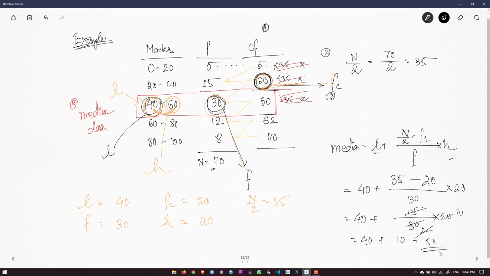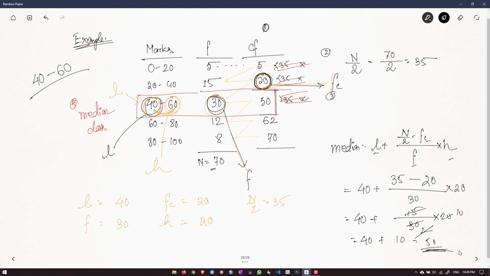Now see, the median value is 50. 50 is exactly between 40 and 60, right? It lies within this limit. So we expected that our median will lie between 40 to 60, and we found out that our median is 50, which obviously lies between 40 and 60. So our median is correct.